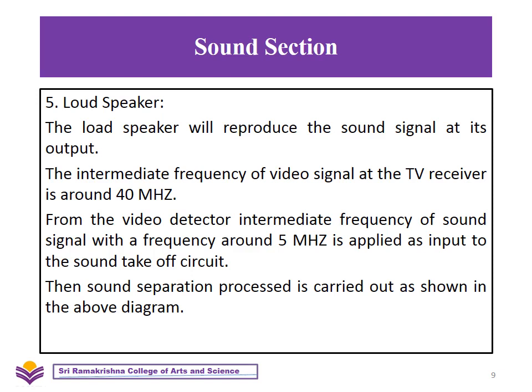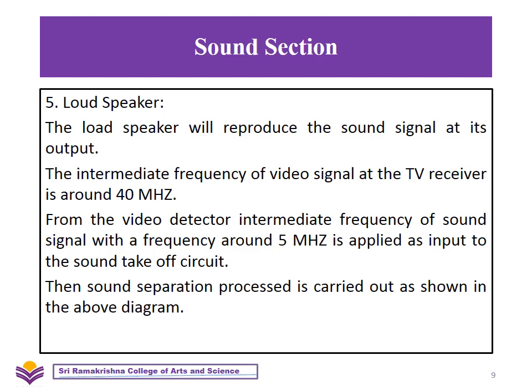Next, the intermediate frequency of the video signal at the TV receiver has a frequency range of around 40 MHz. From the video detector, an intermediate frequency of the sound signal with a frequency of around 5 MHz is extracted and applied as an input to the sound takeoff circuit, which will have some amount of video intermediate frequency also.